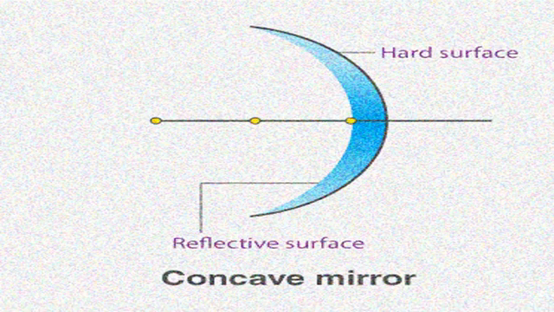This makes the inner surface of this curved mirror the reflective surface. Such mirrors, where the outer surface is polished, making the inner surface a reflective one, are called concave mirrors.